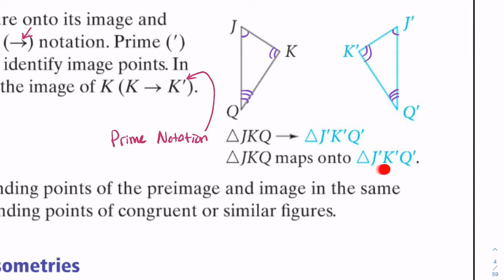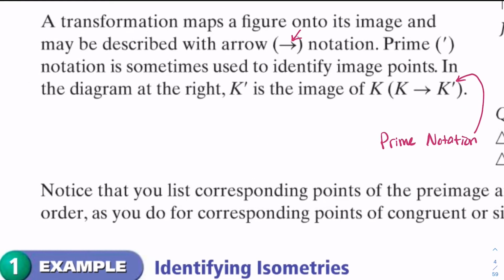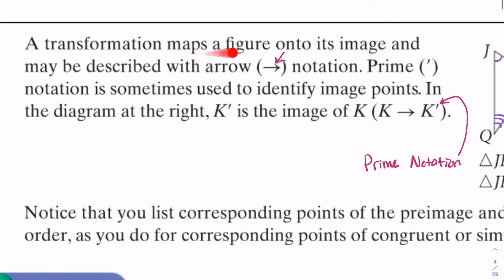So we can read it, but what we do is we use the mathematical symbol with the arrow to represent mapping. All right, so a transformation maps a figure onto its image, and it may be described with an arrow notation. Prime, that little tick mark notation, is sometimes used to identify image points.